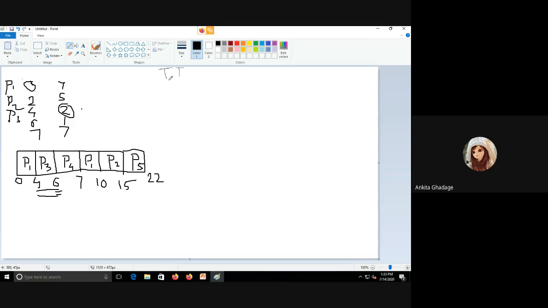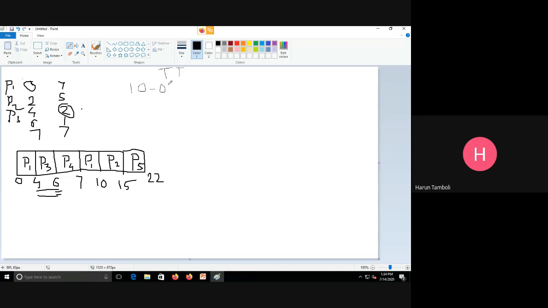Yes, sir. Okay, calculate turnaround time for P1. Use the formula for turnaround time, that is completion time minus arrival time. Completion time for P1, when P1 completely executes, is 10. So 10 minus, what is the arrival time for P1?